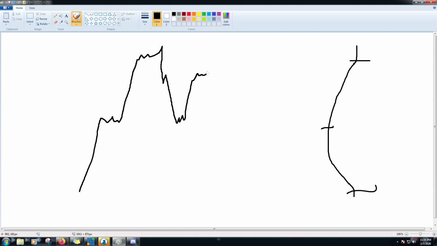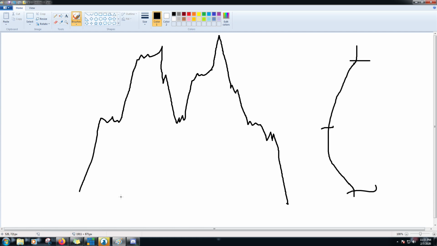There could be chop here because the profile's not perfect, and then we come up, make a higher high by 1 tick, and then usually it's pretty smooth, and you might have a little bit of this, and then you come back to the other side, and there's your 80% probability trade. So what you're looking for is a higher high or lower low by 1 to 3 ticks, usually 1 tick. That's what it's really going to look like.